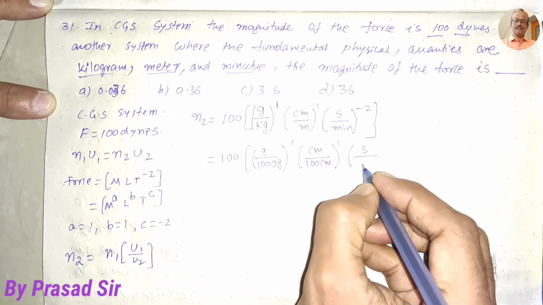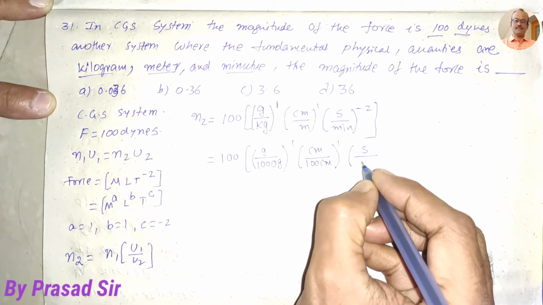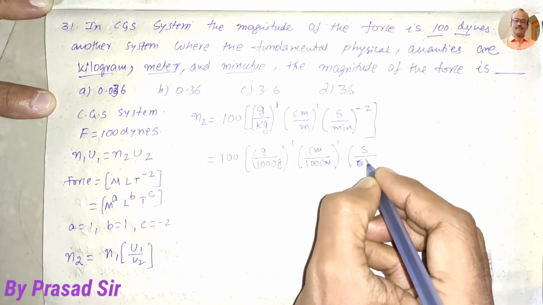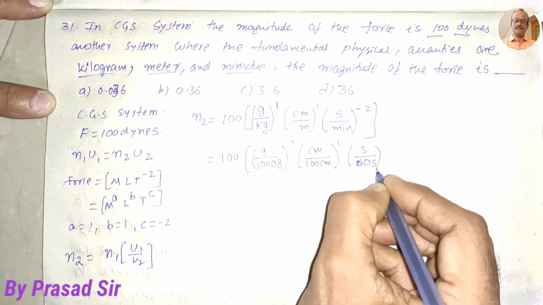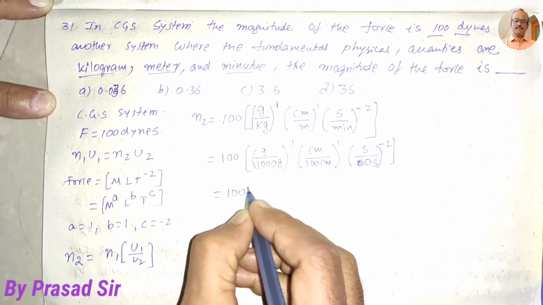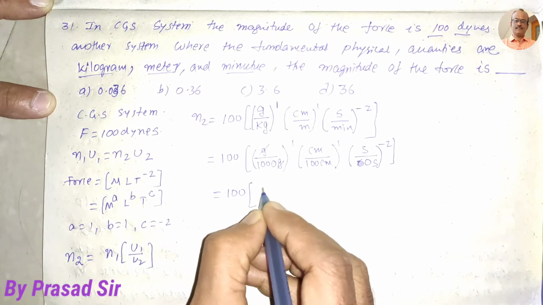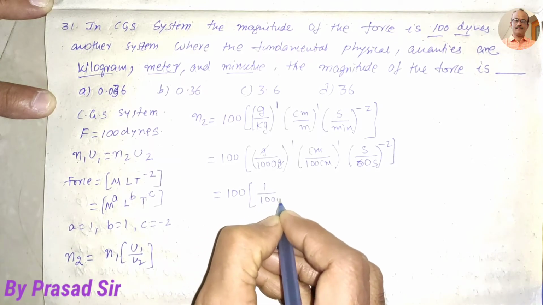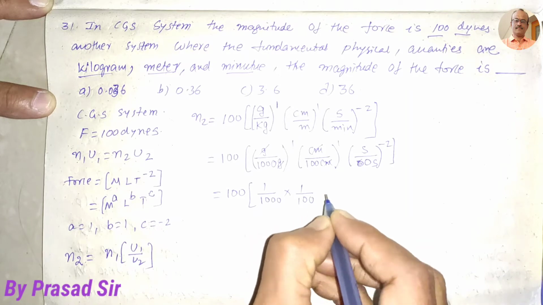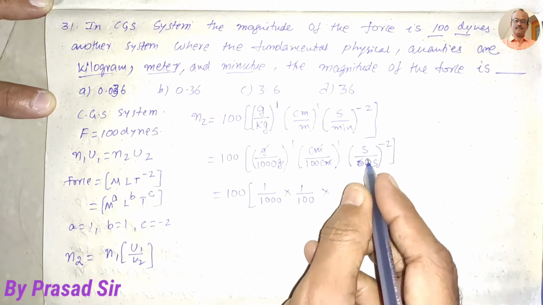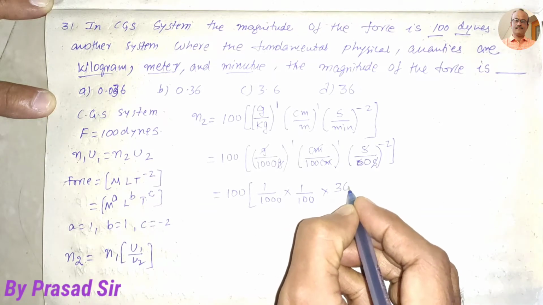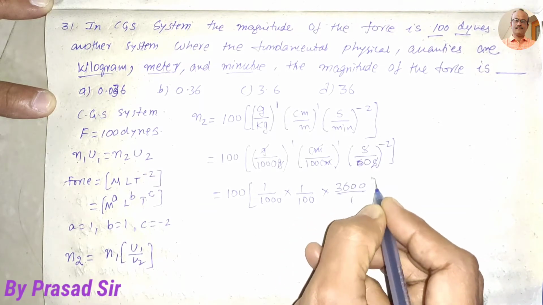here 1 minute is equal to how many seconds? 1 minute is equal to 60 seconds, whole to the power of minus 2. So here 100, gram cancel, 1 by 1000 into centimeter cancel, 1 by 100 into second cancel, 1 by 60 to the power of minus 2, that is nothing but 3600 divided by 1.